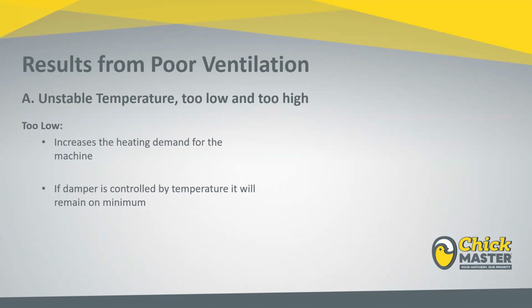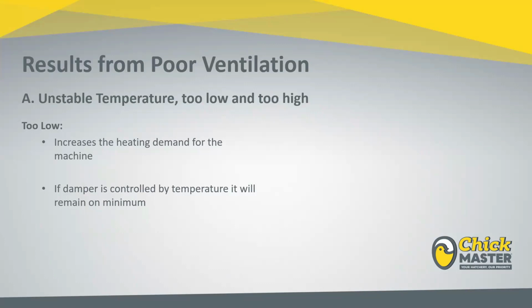We recognize anytime internally a machine is having to work excessively to make up for the room environment, it's going to create an inconsistency in the microenvironment inside of the machine. And so anytime a machine is excessively having to heat, we're going to see variation in temperatures in the machine. And any variation in temperature is going to lead to reduced hatch and reduced chick quality.